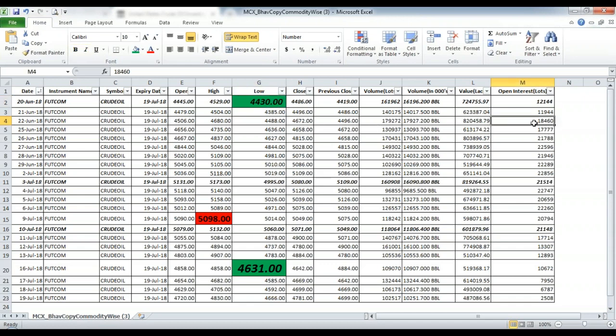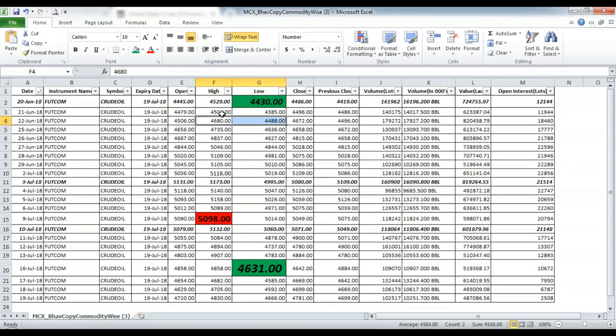Now this day the number of contracts increased, so it was selling, right? So when it was selling, most likely it should form a lower high, lower low, by the fundamentals. Rather, it formed a higher high, higher low.